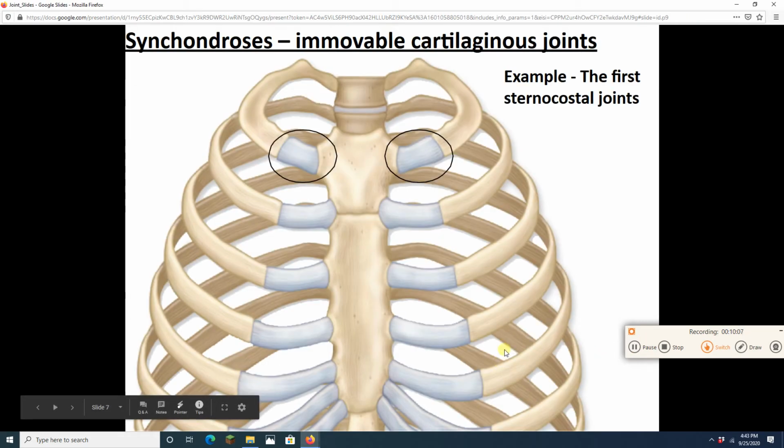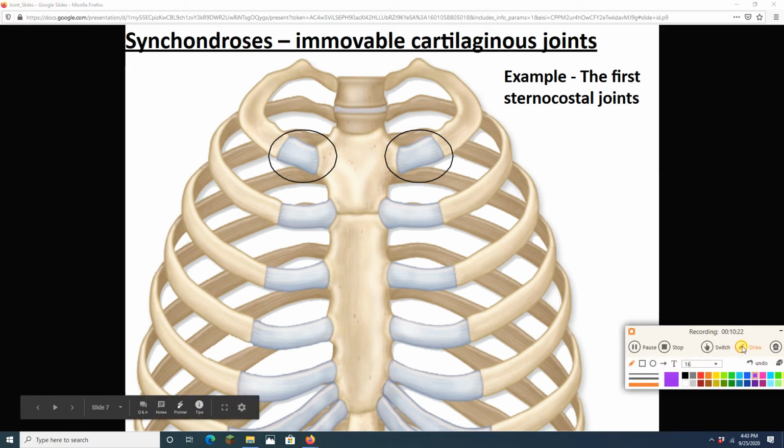And let's do another immovable joint. Sutures were immovable joints that are stitched together by fibers. All right. And now we have synchondroses. That's the plural. To make it singular, you just cut out that E at the end there and turn it into an I. A synchondrosis is an immovable cartilaginous joint.